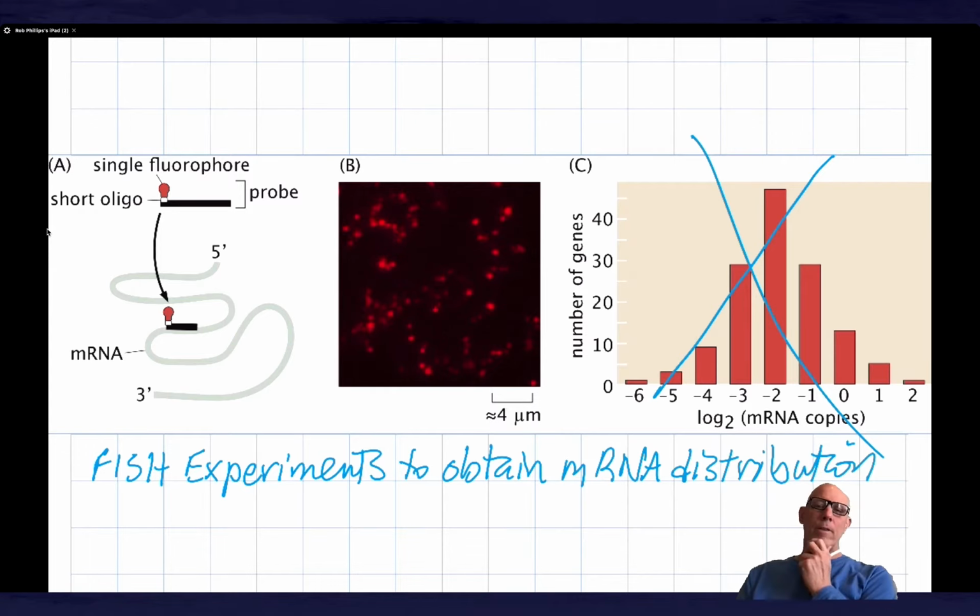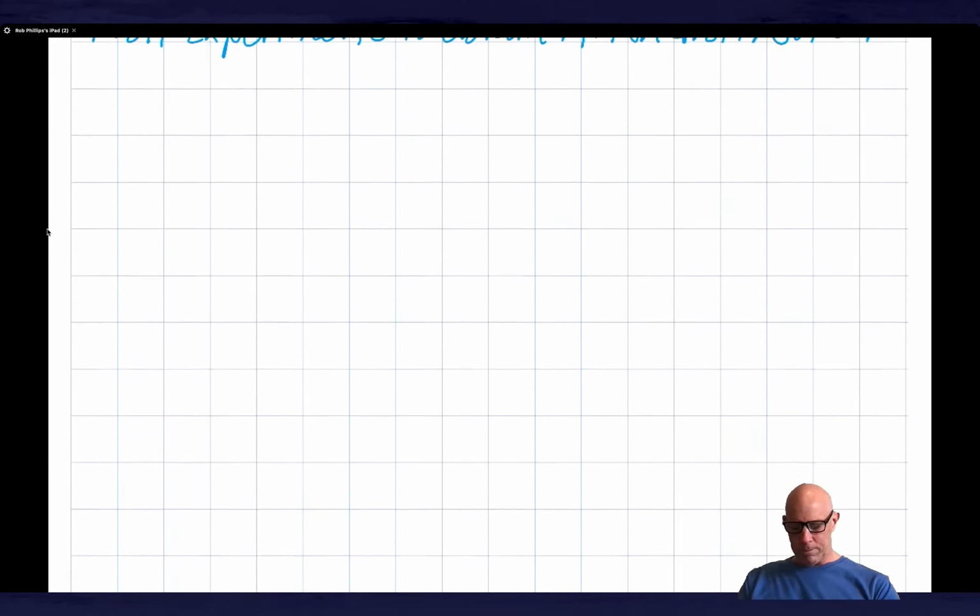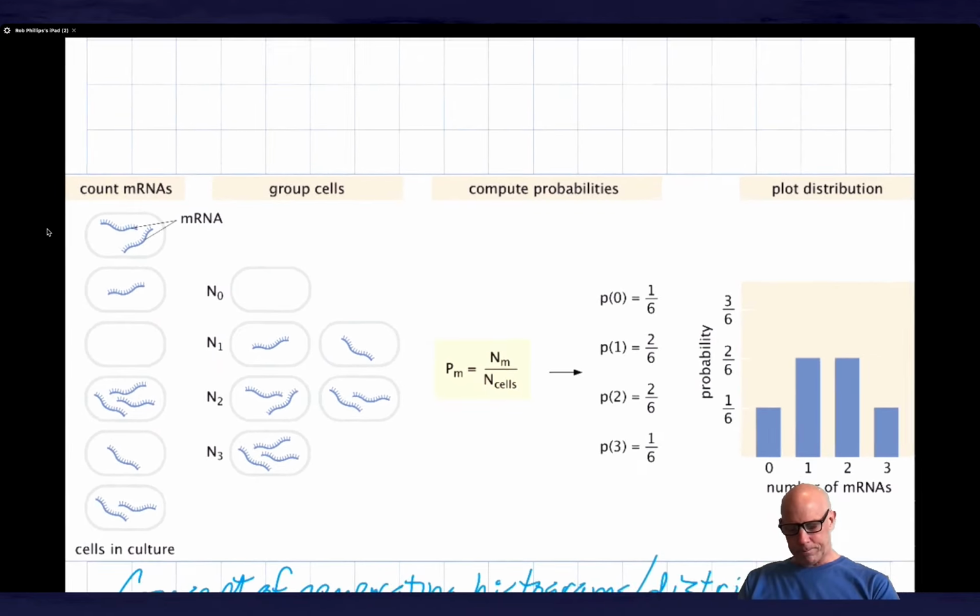The thing that's relevant is just to note that if I wanted to count a particular mRNA, one of the ways of doing that, as shown here, is that you tile that mRNA with a series of probes, let's say on the order of 50 distinct probes, each of which binds a different region of the mRNA. That leads to puncta, and then you count those up, and that gives you your single molecule distribution.